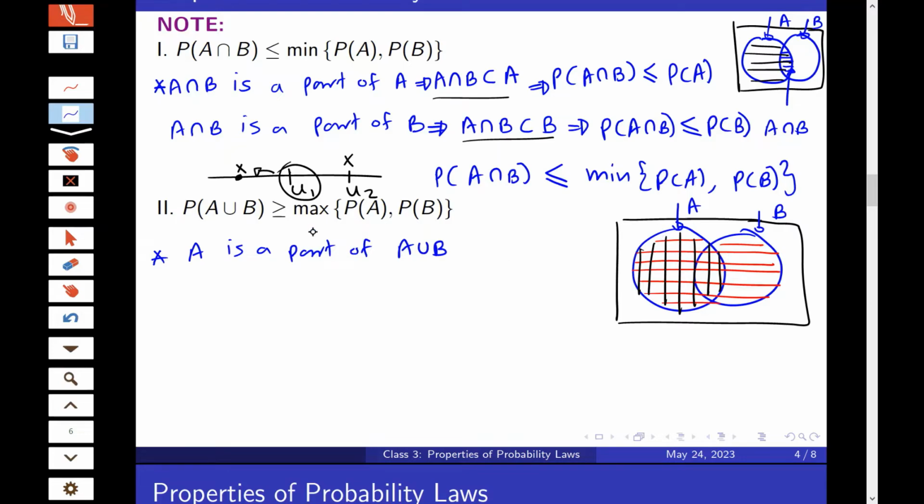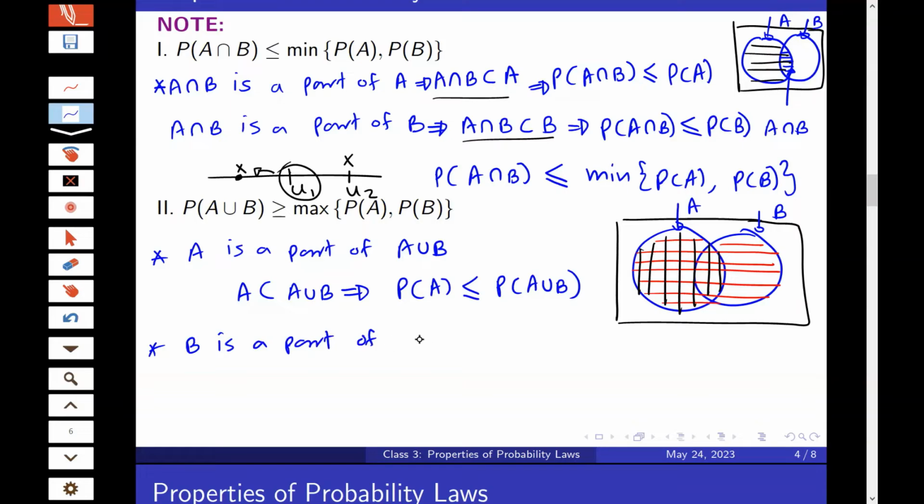That means A is a subset of A union B. This implies, from the previous property, PA is less than or equal to P of A union B. Similarly, B is a part of A union B, so B is a subset of A union B. From the previous property, the probability of B is less than or equal to P of A union B.